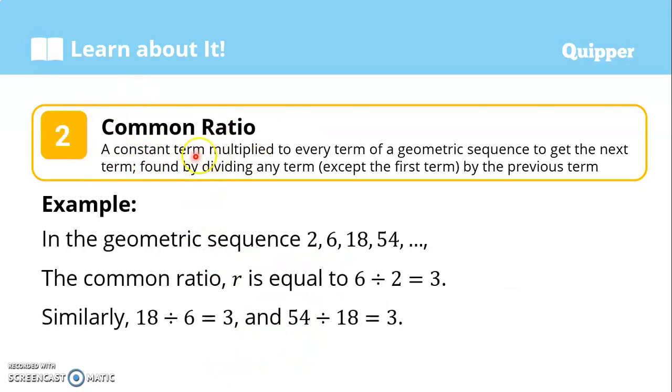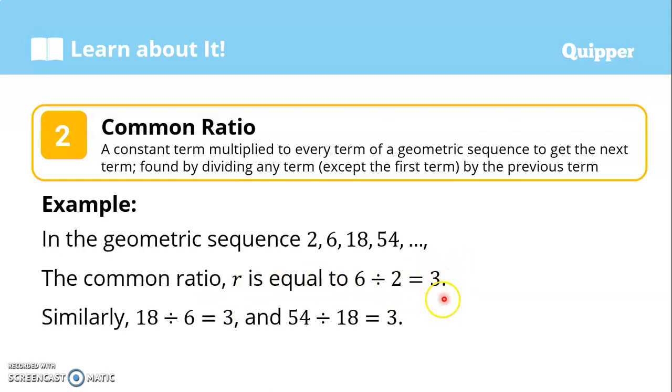So the common ratio is a constant term multiplied to every term of a geometric sequence to get the next term. It is found by dividing any term, except the first term, by the previous term. So we divide, let's say, for this example, 2, 6, 18, 54, we divide 6 by the previous term, which is 2. So that's the common ratio r is equal to 6 divided by 2, and that is 3.